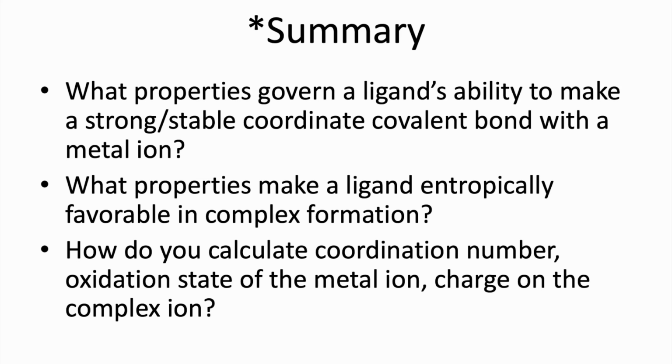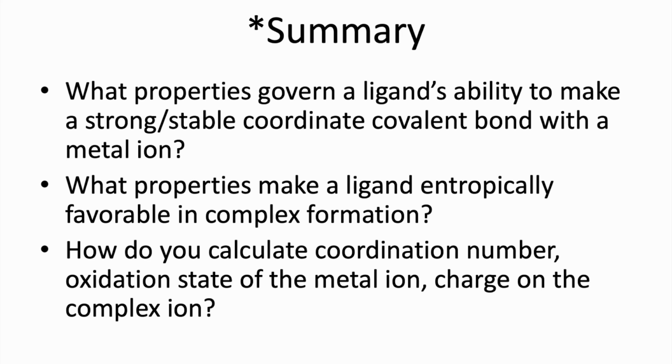Last thing, how do we calculate coordination number, oxidation state, and charge on the complex ion? The coordination number, we're just going to look at the ligands that are in the coordination sphere, and count them up, making sure to take into account if we have any bidentate or polydentate ligands. Like if I had en, that would count for 2 bonds because it makes 2 bonds.